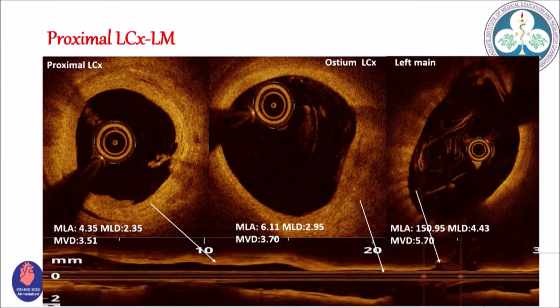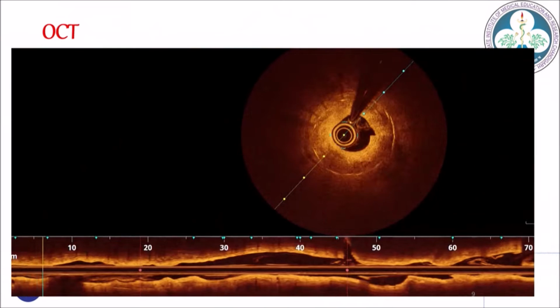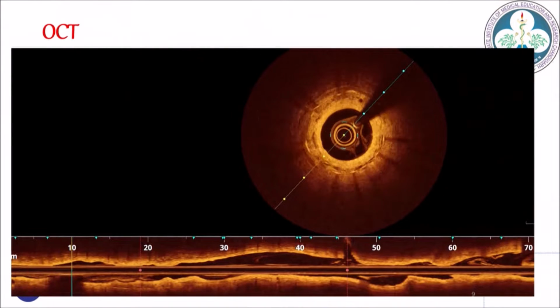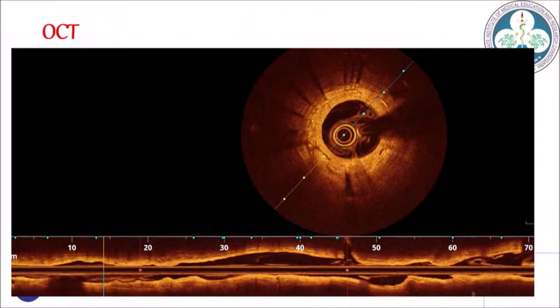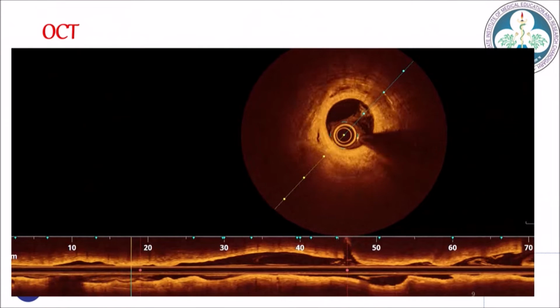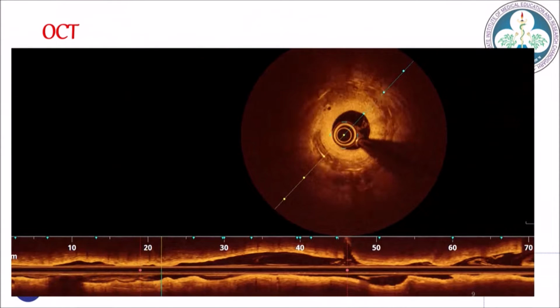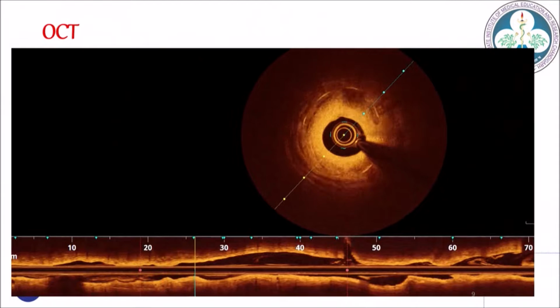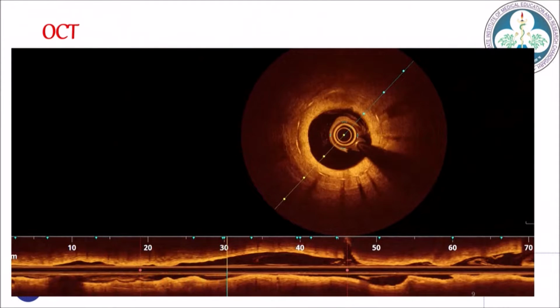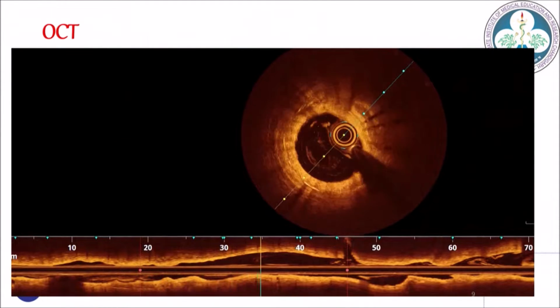And this is the proximal LCX having the dimension of say 3.7, and the left main is having a 5.7 millimeter dimension. Next. This is the run across the left circumflex. You can very well appreciate the diffuse in-stent restenosis. And this is all after say 2.5 millimeter balloon dilatation.